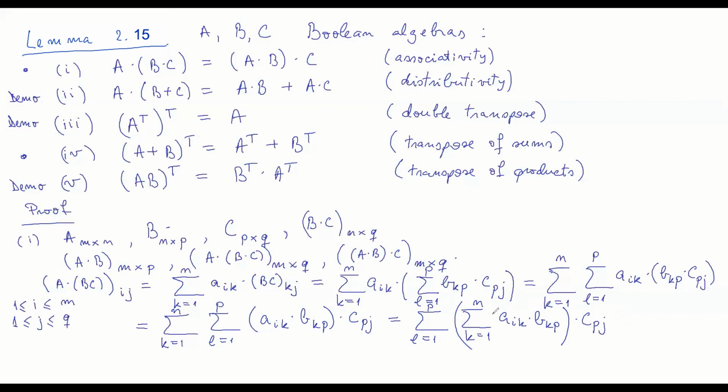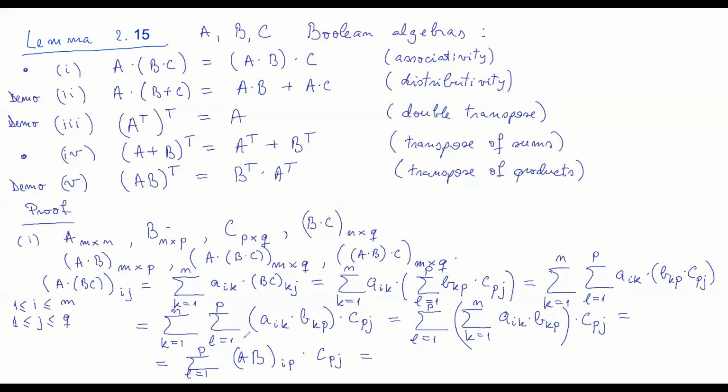And now you can observe that this is about some element of the matrix product A times B. So the sum remains the same as before. So this is a sum from l from 1 to p. And this is the element of AB on position ip, and then multiplied just like before with C_pj.